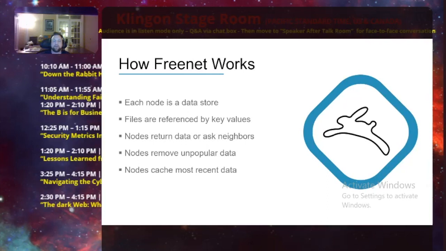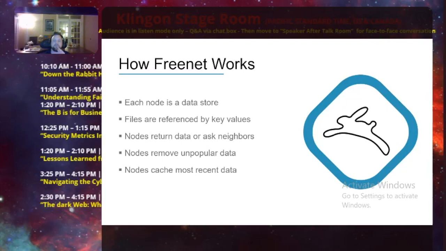So how Freenet works. Files on the system are going to be referenced and located using hash keys. So in order to search for a file, our user must know its hash key. And Freenet makes it very easy to search within their system. They have the software already written. So when you search a term or search for something, they're going to translate that into a key for you so its system can search.